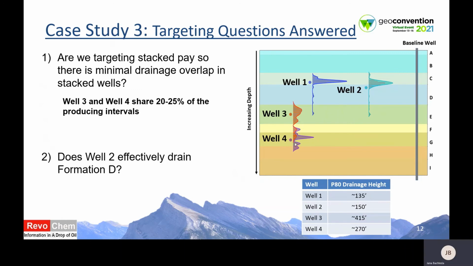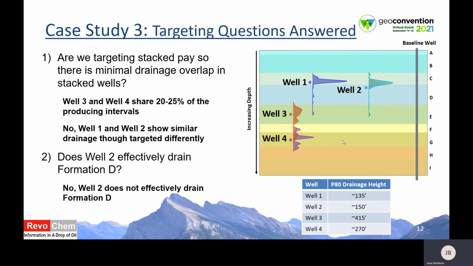So these wells are not optimally targeted just yet. We also looked at the child wells, child well 1 and 2, and even though they're targeted differently, they drain very similarly. They both primarily drain formation C. And lastly, our question, does well 2 effectively drain formation D? No, it doesn't.